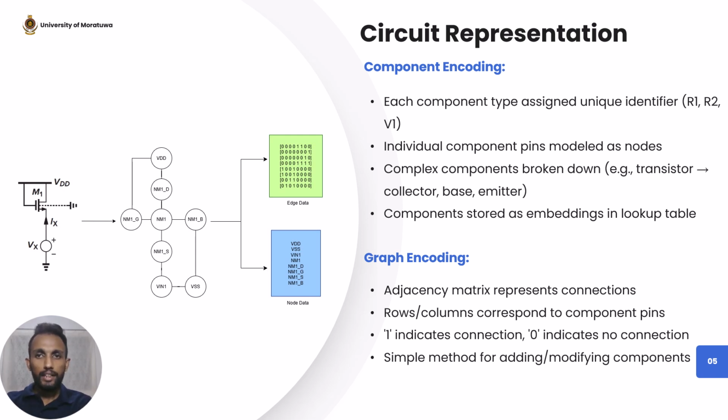This representation not only captures the connectivity but also makes it easier to add or modify components during generation. The diagram shows an example circuit on the left with its graph representation on the right. Node and edge data are embedded and fed into the model. This graph-based structure allows the model to grasp the circuit data.